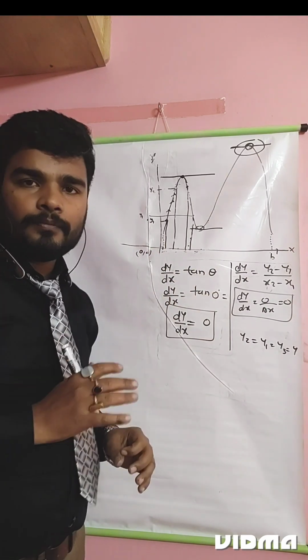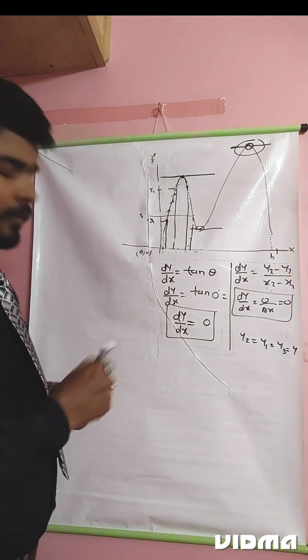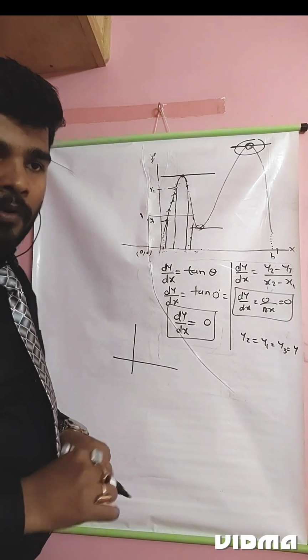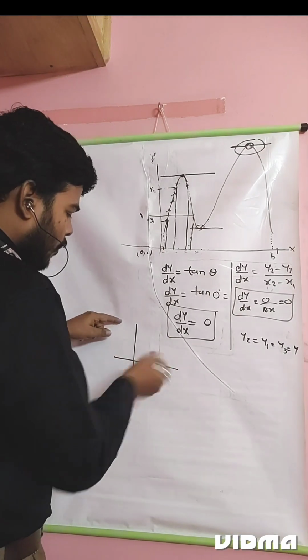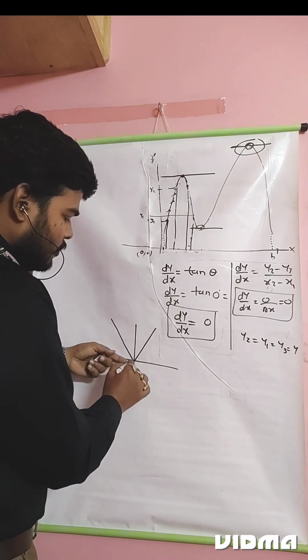But it is not true that every critical point is a maximum or minimum. Sometimes a point is a critical point where the curve is not differentiable. For example, mod of x. Here x is equal to 0.